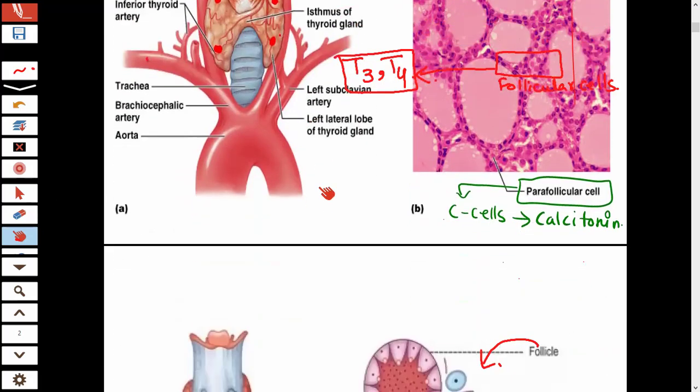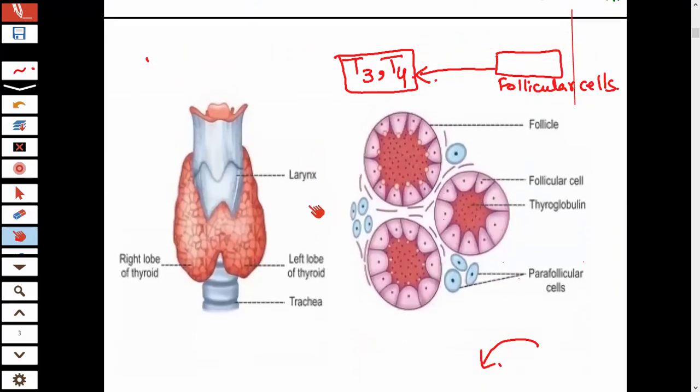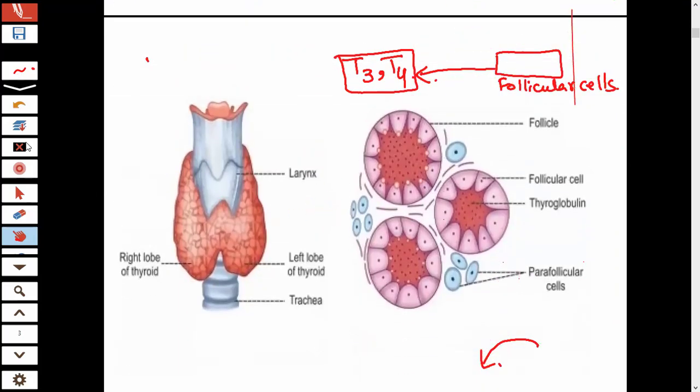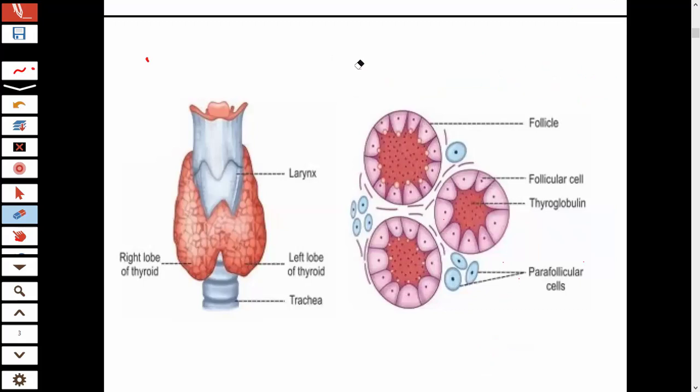Okay. Now coming to this slide, see here this diagram, all students. Number one thing, you have your follicular cells and you have your parafollicular cells. And this is your thyroid gland.